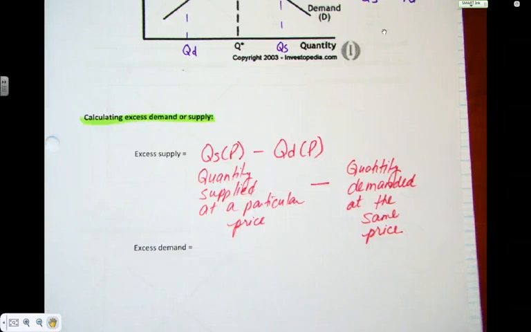So the P is just notation saying it's at the exact same price point. It's not multiplication, it's just notation. So we take whatever the quantity supplied is, or subtract the demand.